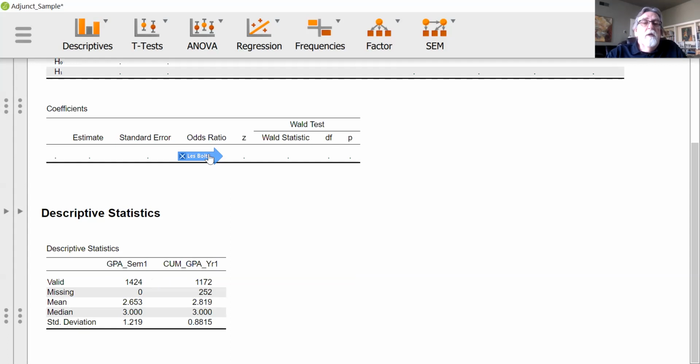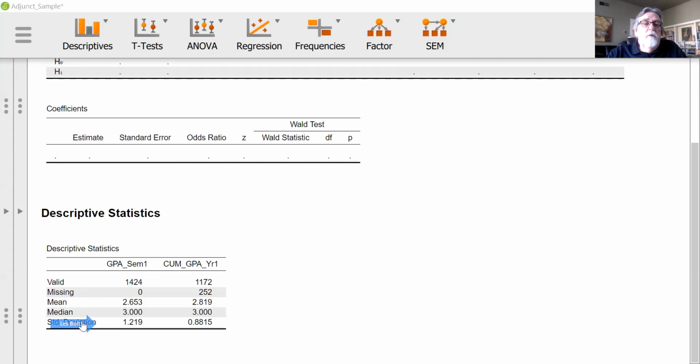So I have GPA semester one and cumulative GPA year one. I have the mean, the median, and the standard deviation.